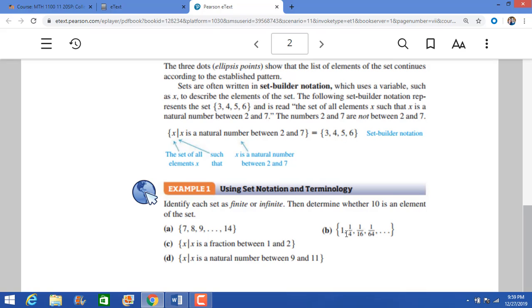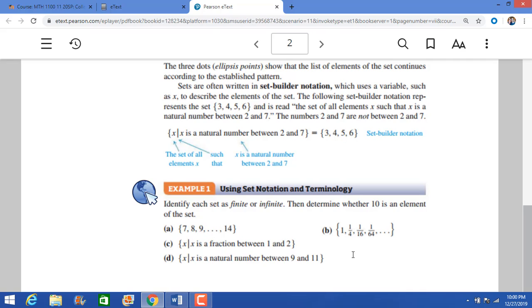So all of the elements of B are of the form 1 over 4 to the nth power, where n is some integer from 0 to positive infinity. So this is an infinite set. The previous one is a finite set.